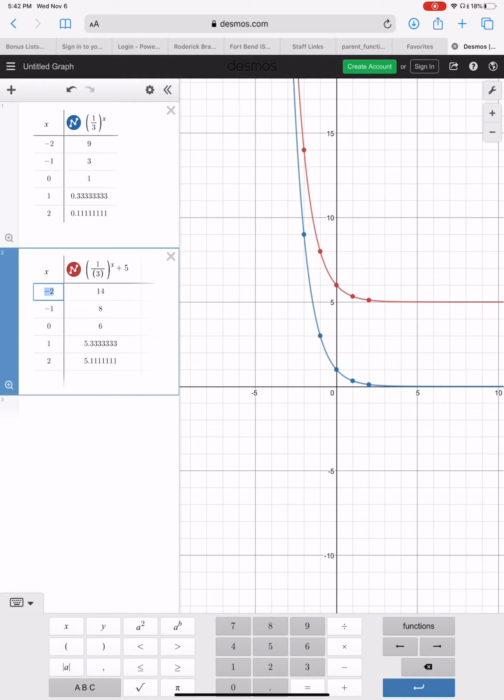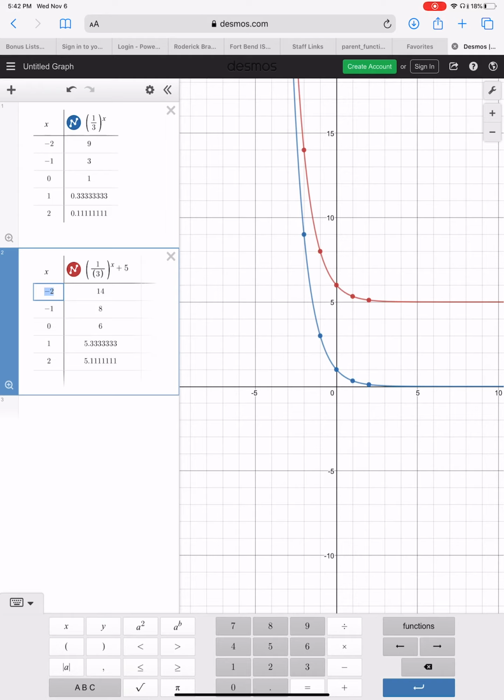Same thing at x equal -1. I went from 3 on the parent function to 8 on the relative function. 3 plus 5 is 8. Even for the rest of them, even those decimals, when x was 1, you have 0.33333, right?